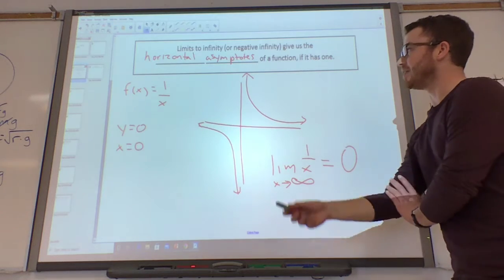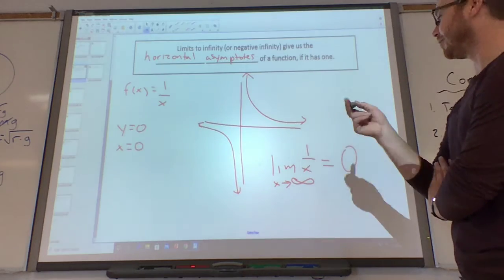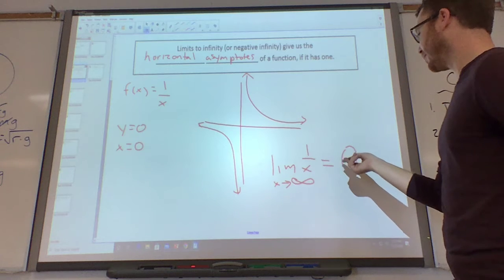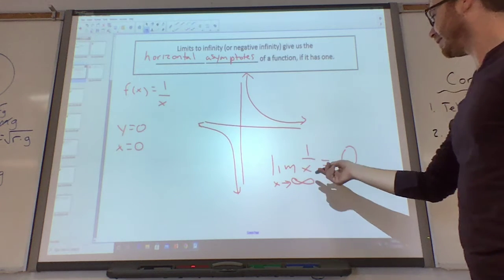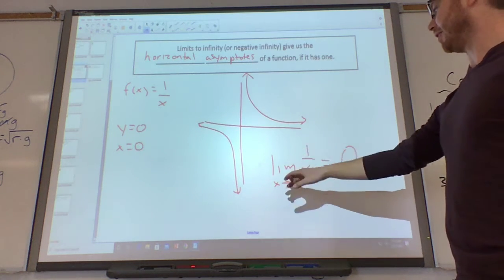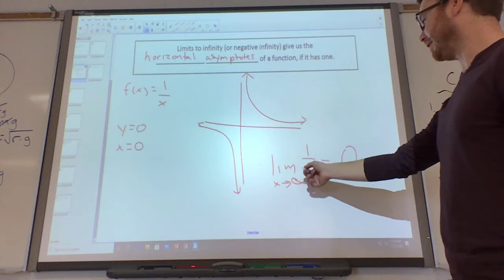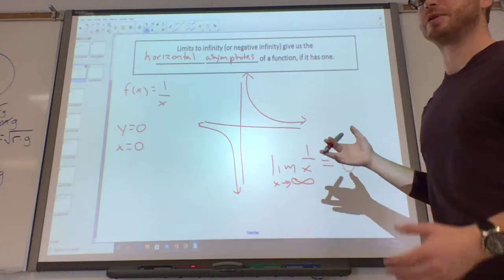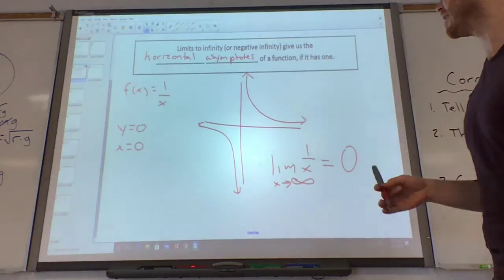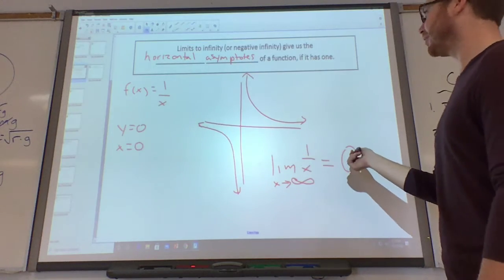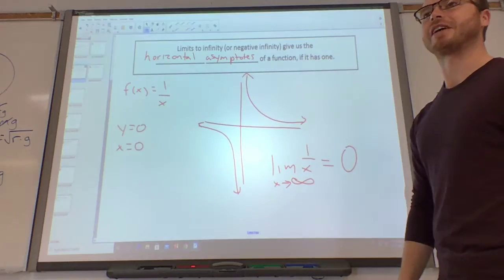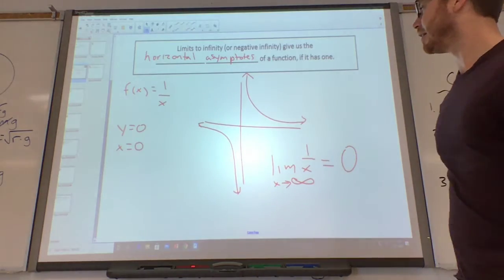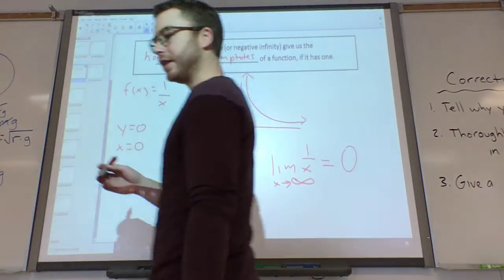Okay, so when we find the limit of a function to infinity or negative infinity, that will tell us that. So we're just going to substitute in infinity over x. As that gets larger and larger and larger, we're going to get closer and closer to 0, but not actually touching it. Okay, so if we find the limit of our function, it will tell us our horizontal asymptote, which is right here. Okay, good.